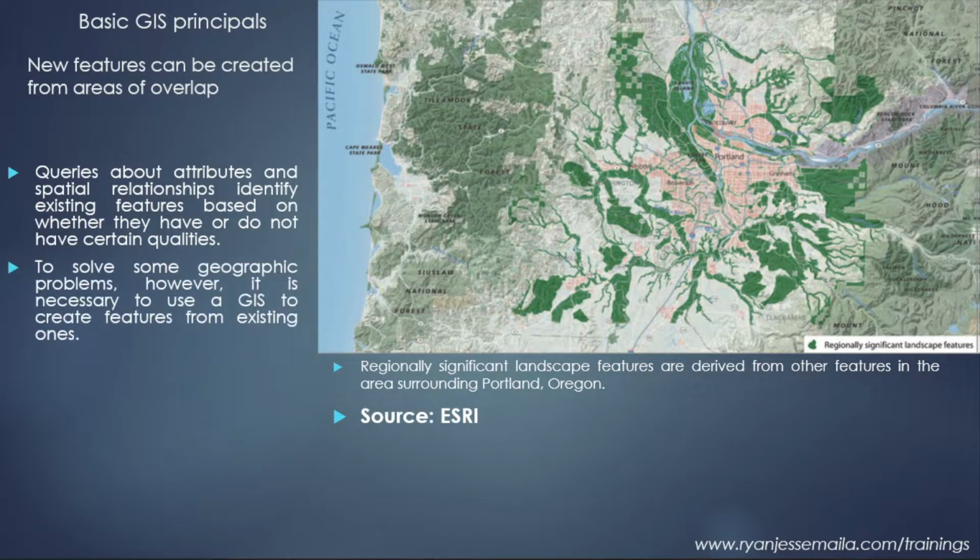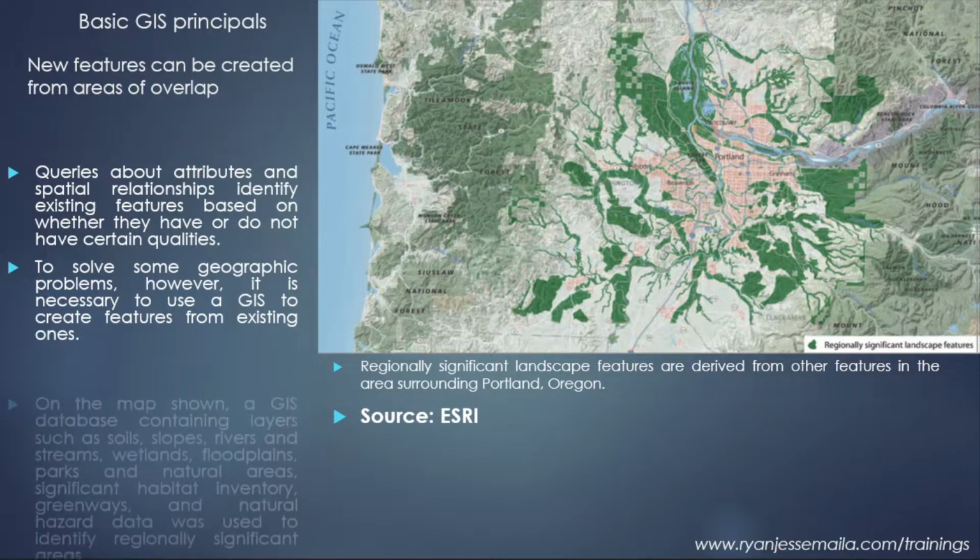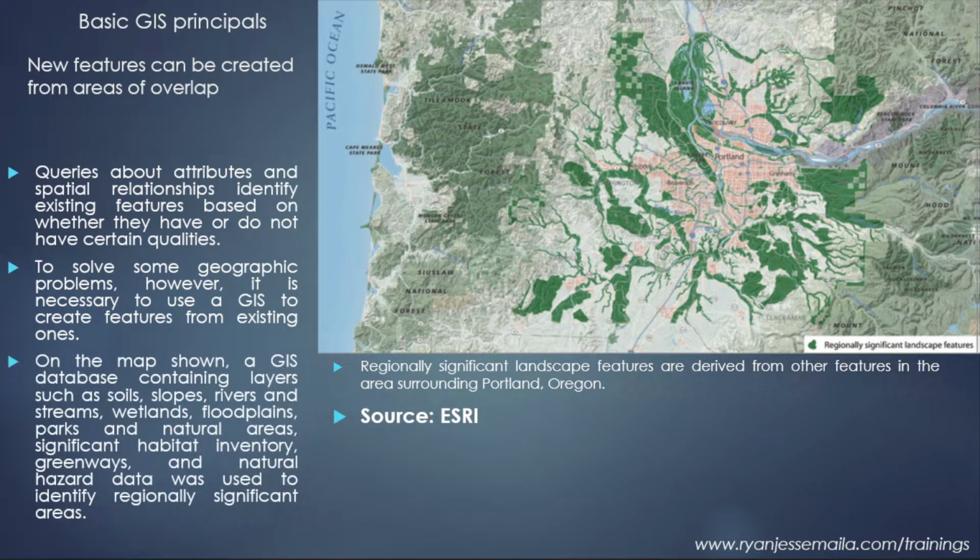To solve some geographical problems, however, it is necessary to use a GIS to create features from existing ones. On the map shown, a GIS database containing layers such as soils, slopes, rivers and streams, wetlands, flood plains, and natural areas, significant habitat inventory, greenways, and natural hazard data was used to identify regionally significant areas.